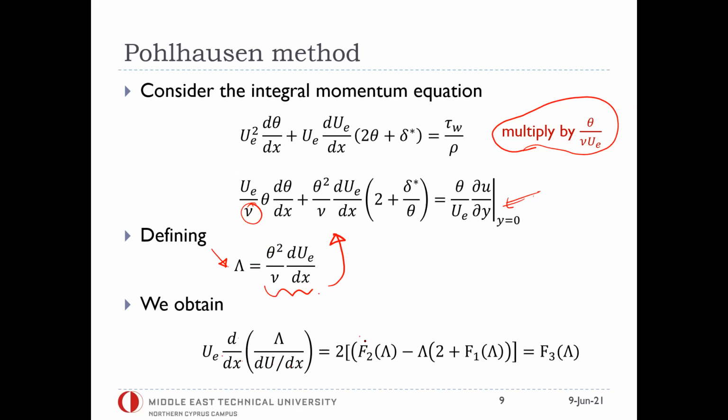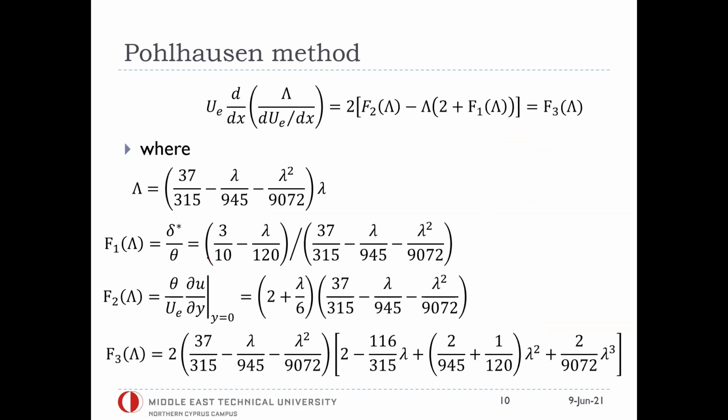So this capital F, lambda and capital F1 lambda, and capital F3 lambda, but these are capital lambdas. This is just a mathematical organization. The functions are written here. F1 is basically your delta star over theta.